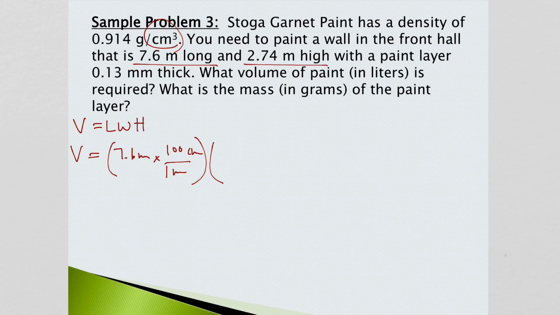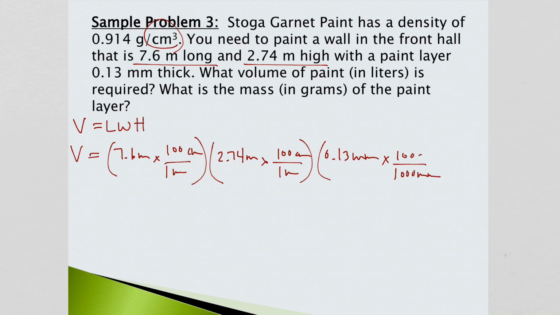It has length, height, and thickness, but those are our 3 dimensions, so we'll go with that one next. 2.74 meters, same conversion, 100 centimeters is 1 meter. And last but not least, we have 0.13 millimeters for the thickness of the paint, and this is going to be a different conversion. Milli is 1,000, and centi is 100.